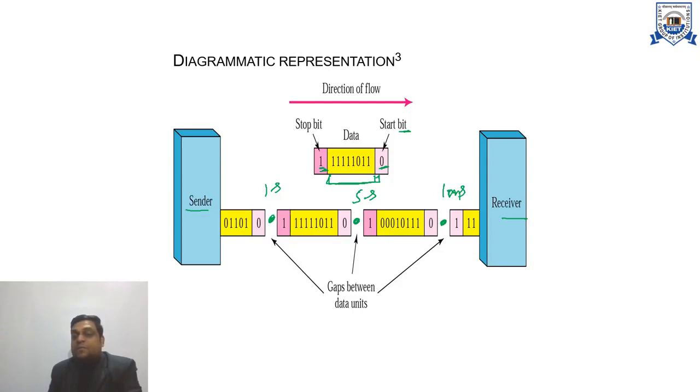Because it specifies that no more data is arriving, meaning the data you have just received is the complete byte, and if the next data starts with 0 after the time gap, it is another byte. Okay.